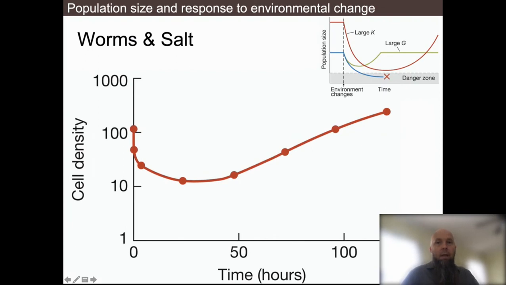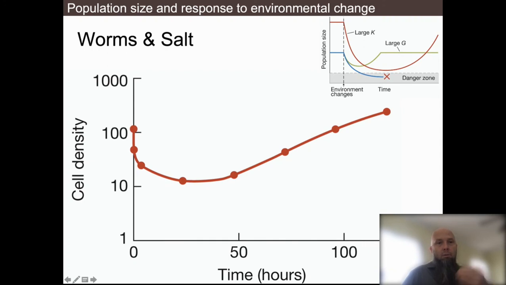Okay, and this is an experimental population of nematodes in the lab. They're a model organism that geneticists study, and they can grow millions of these worms on plates, like bacterial plates almost.